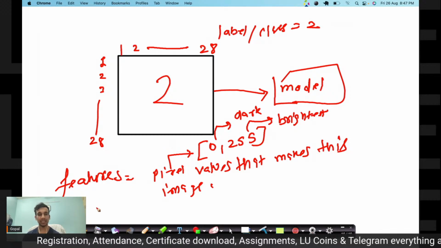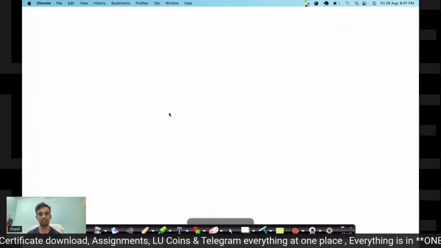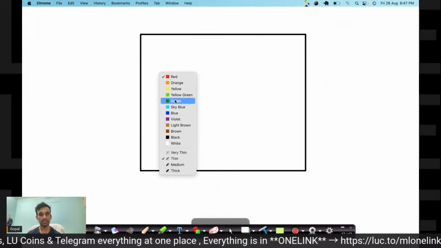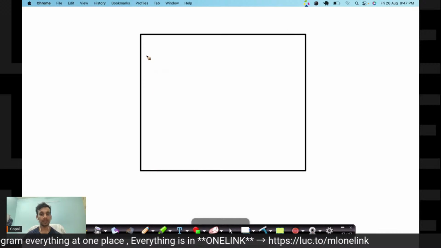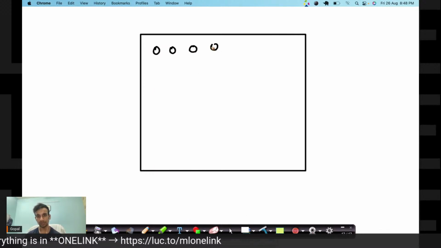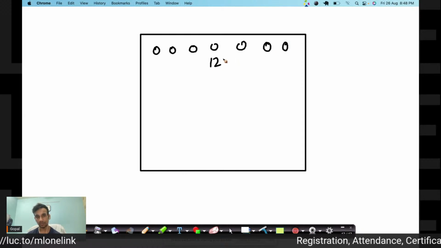So what exactly am I trying to make a point here? Let's say we've got this image here, and most of the pixel values are 0, 0, 0, 0, and 0, 0, 0. And here we have 122.